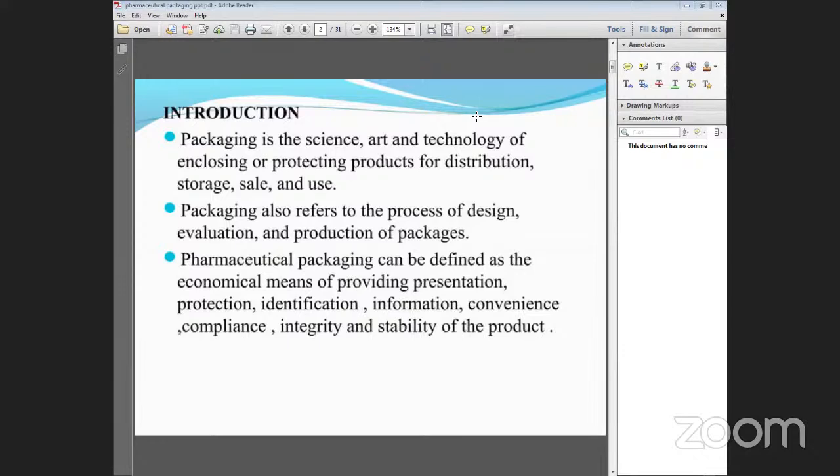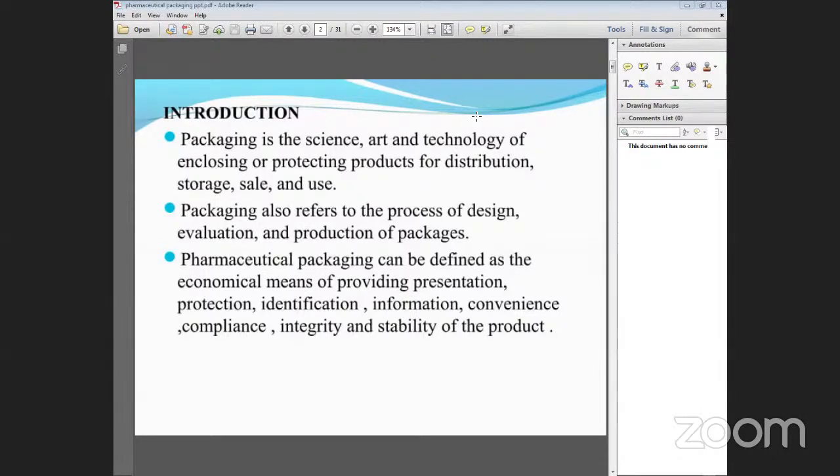According to packaging, it also refers to the process of design, evolution and production of packages. That means in this chapter, we will also see how the packaging occurs and how to design the packaging system, how to evaluate and how to produce the packages or how to pack them.